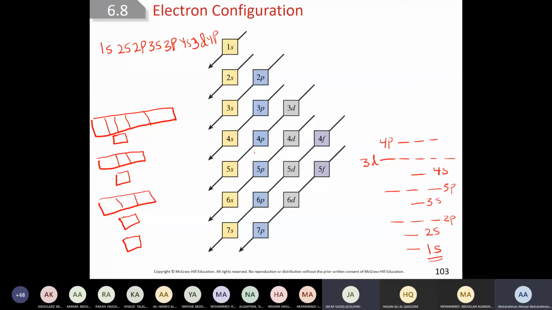Okay, and this is 1s, 2s, 2p, 3s, 3p, 4s, 4p. Right? Is this clear?